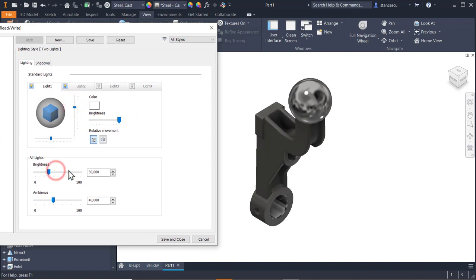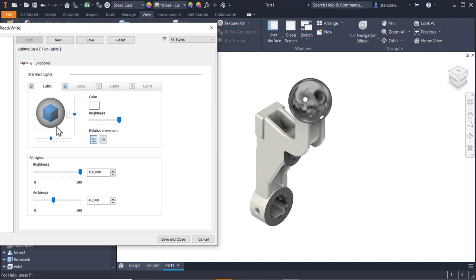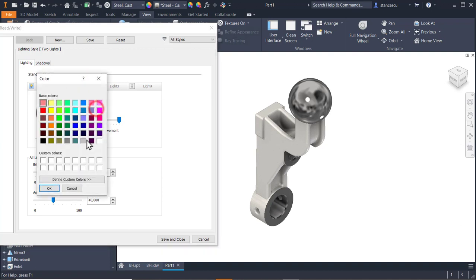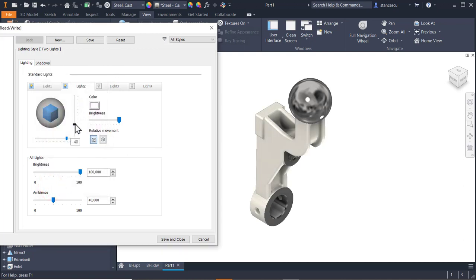I make general brightness very great, 100, and this is about here, this is somewhere here. You see the effect is very interesting. Color for the second light is also white. And if you have these two lights mirrored in the ball, it's very nice. But maybe this is too high.